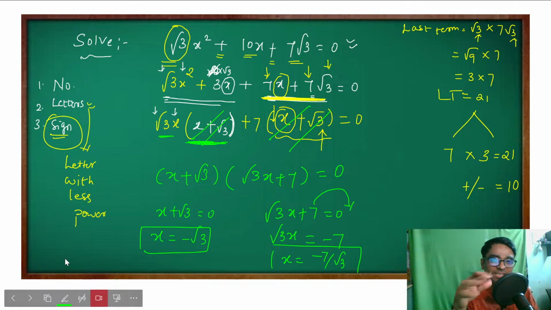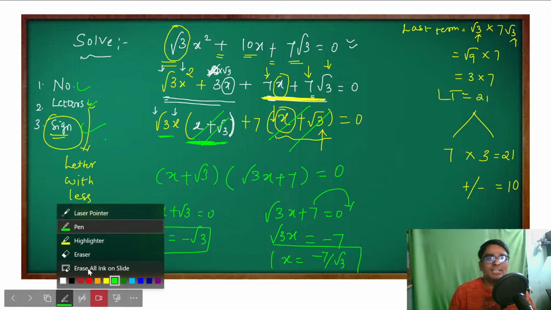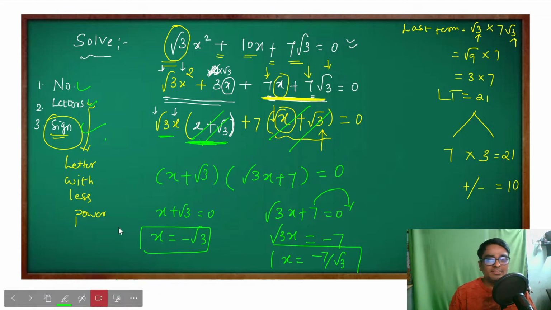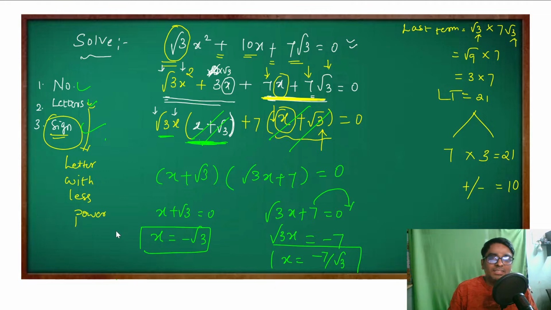So that's why I just took the time and explained it. Please follow the way I have explained. You will never go wrong. Never. You will never go wrong. No chance. Correct? It's not just take common, take common. You should know what you are taking and why you are taking it. All that is very, very important.